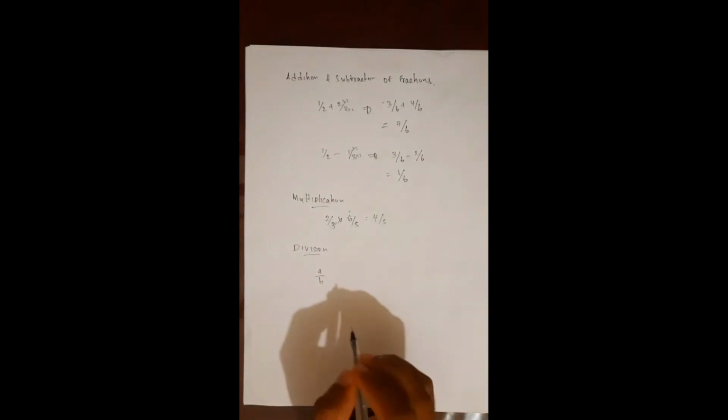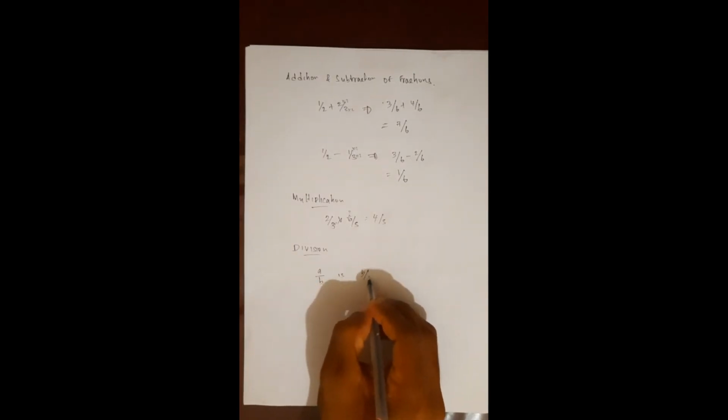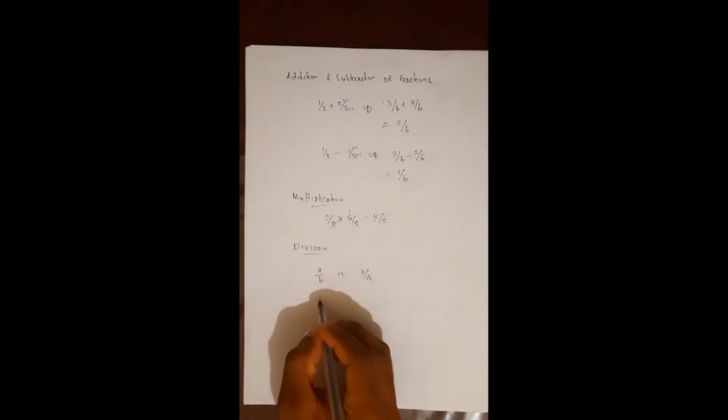Before moving into the division part, let me explain something called the reciprocal. If there is a number A over B, the reciprocal of A over B is B over A. You simply interchange these two. So let's say 6.